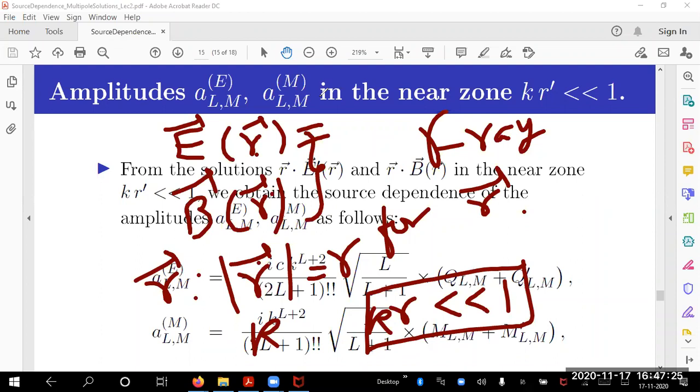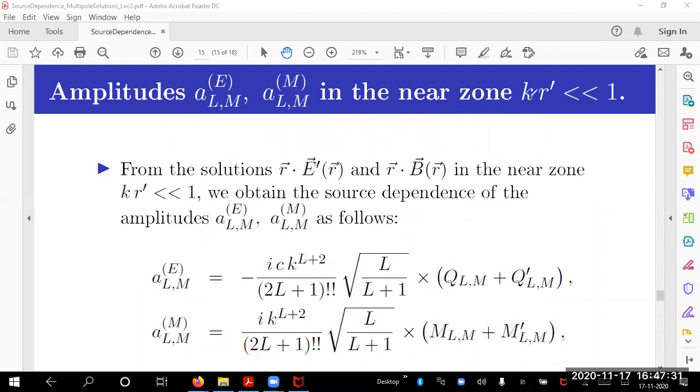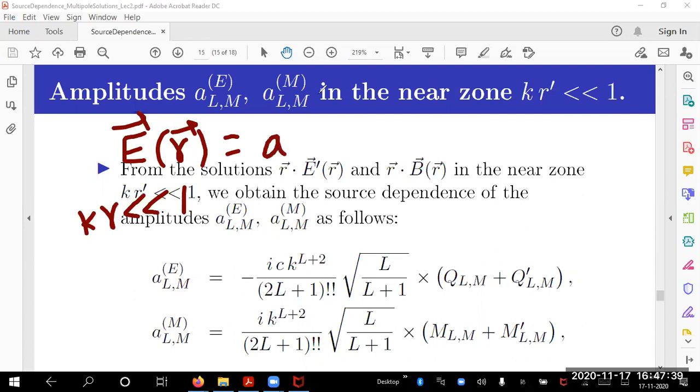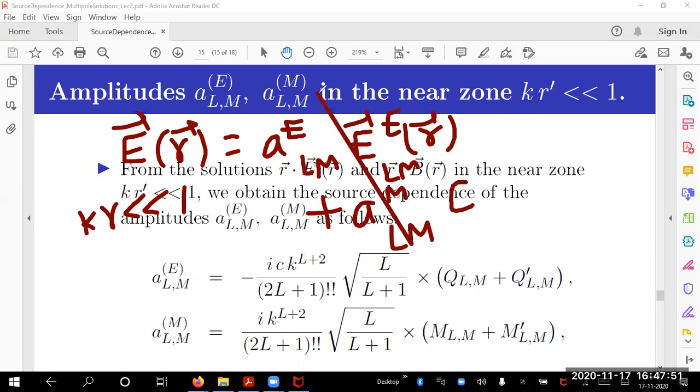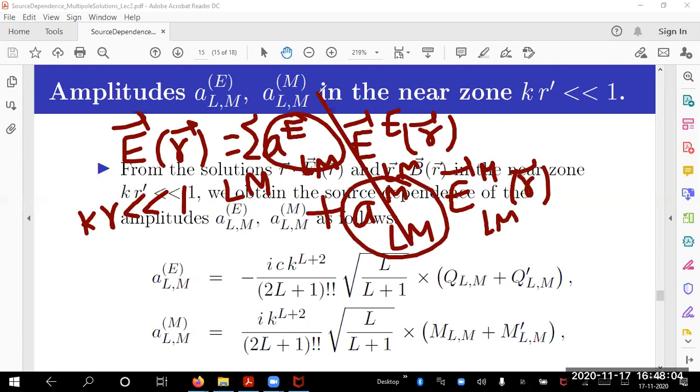Whatever the solution is, what am I going to get? Let me tell you. In the region where Kr is much less than 1, I am going to get E of R equal to AELM, EELM of R plus AMLM, EMLM of R. The solution comes like this, with a summation over LM. We do not need the details, but I do get AELM and AMLM in this region.